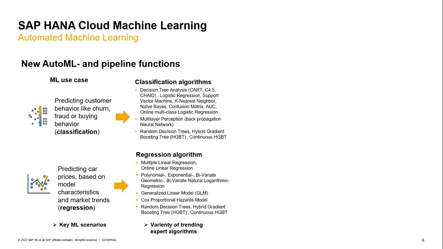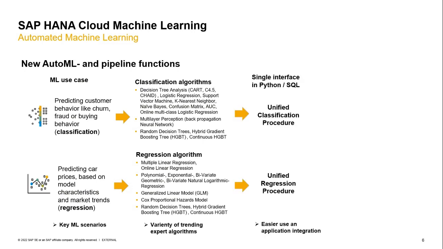And to simplify usage and embedding into applications, we have built in the past the so-called unified procedure interfaces for classification and regression, which allow the application developer to use the same procedure and don't require the application to change the call interface into the predictive model, because we're always using the same shell, while we may change the algorithm or the algorithm configuration.